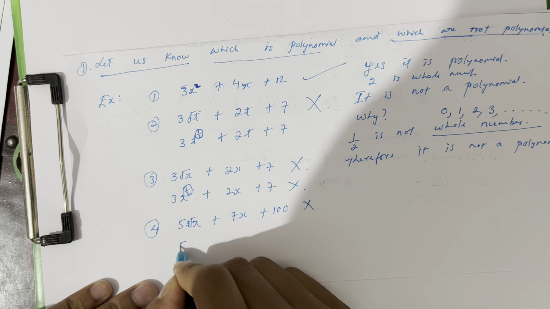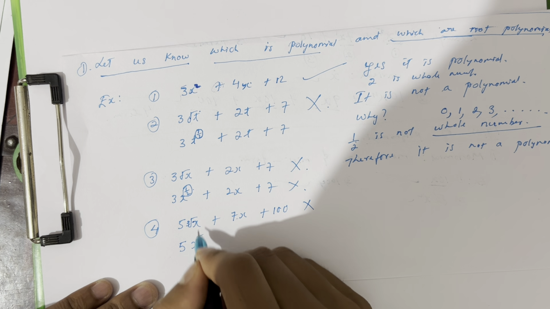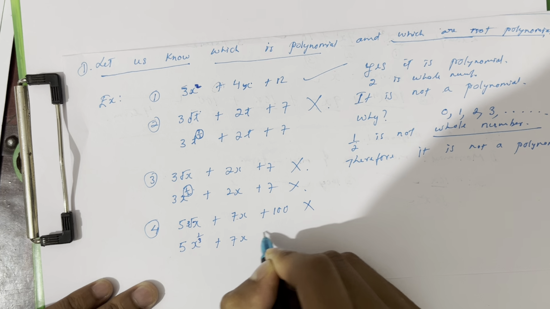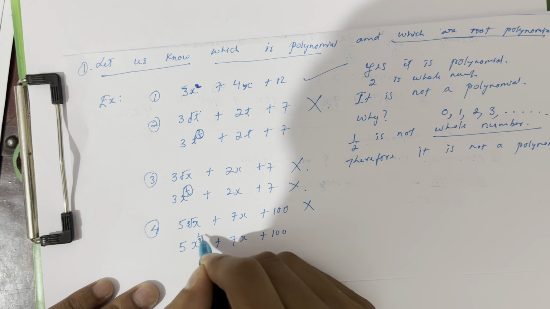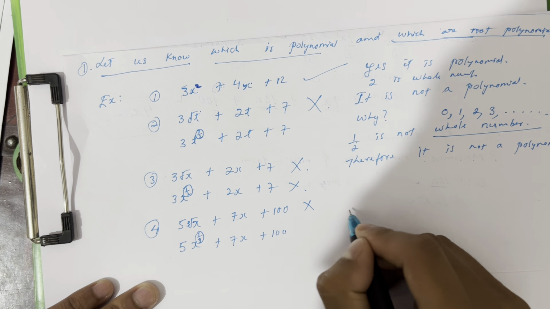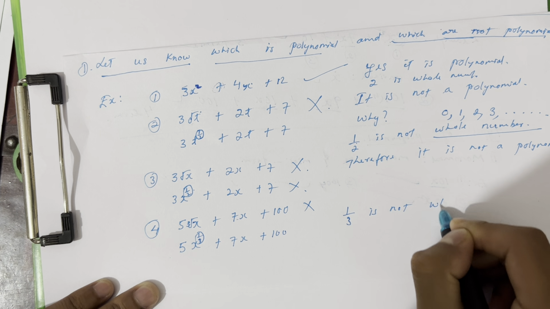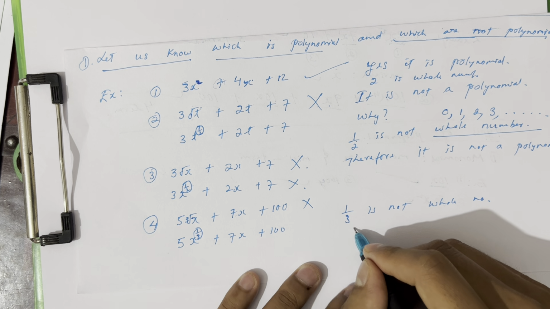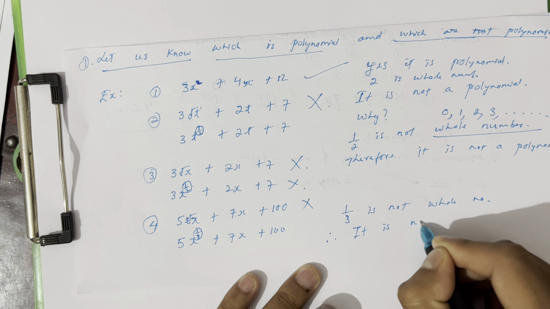I can write it like this: 5, and then cube root x I can write as x to the power 1 by 3, plus 7x plus 100. So you check here, x to the power 1 by 3. 1 by 3 is not a whole number. Therefore it is not a polynomial.